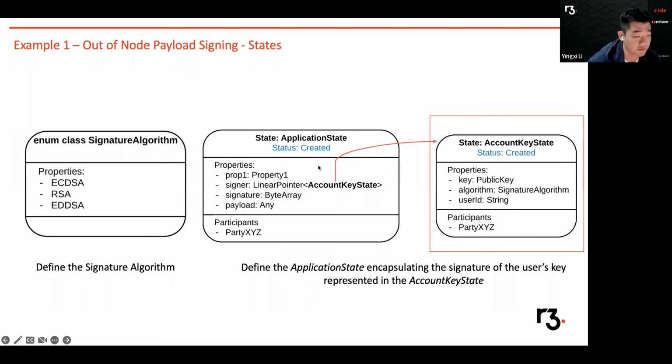Once the flow has that key, the flow will check with the account key state whether the key matches the key stored in the account key state. You see the user ID, it can be Alice, Bob, or Charlie, and the account key state basically says Charlie's external public key is the following.